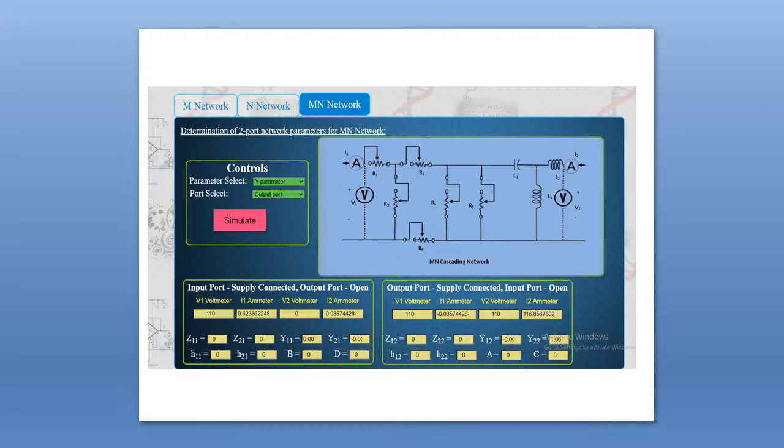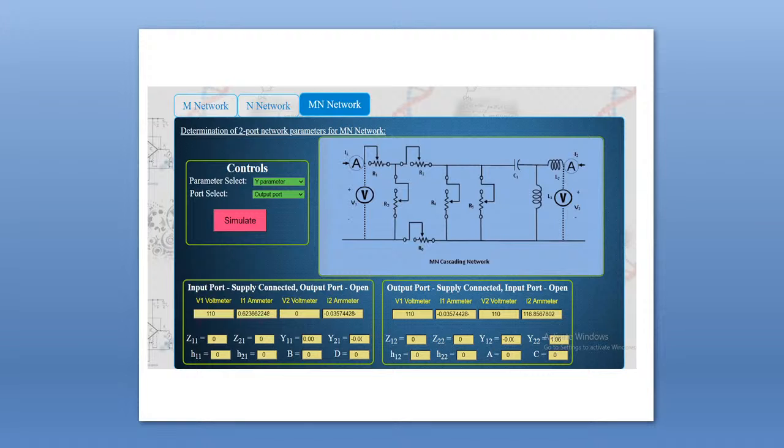But before calculating the values of the y parameter using the z parameter values, you must measure the values of the y parameter, or short circuit admittance parameter, experimentally using a combined network.